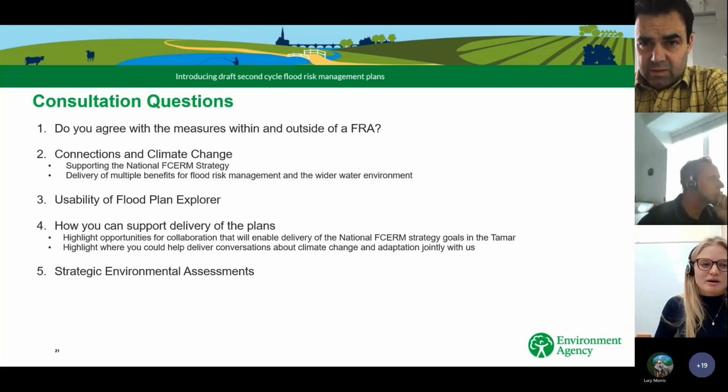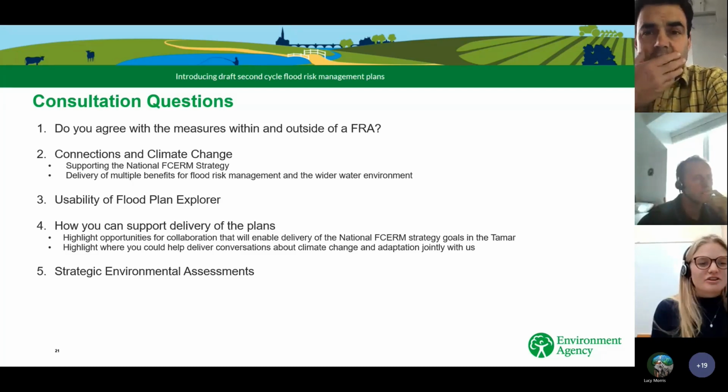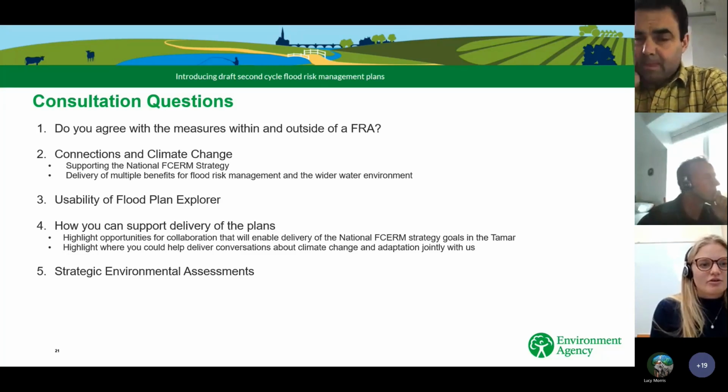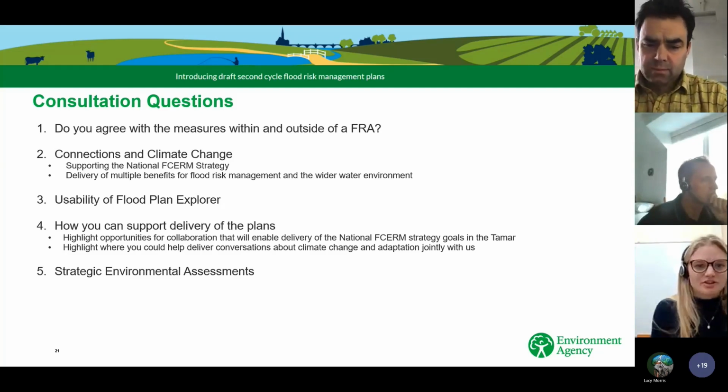The third is all about the usability of the Flood Plan Explorer. Is it helpful? It would be great to hear your feedback on what you think of it. Number four is all about how you can support the delivery of the plans. If you can highlight any opportunities in your consultation response of what you're doing and where you're doing it, and if that can help us to achieve the National Flood and Coastal Erosion Risk Management Strategy, then we'd really like to hear about it.